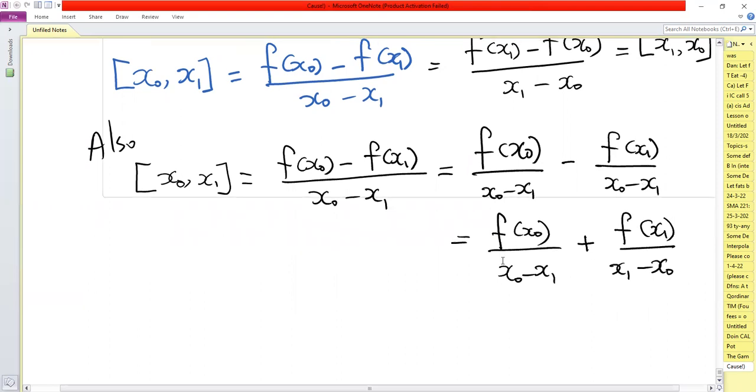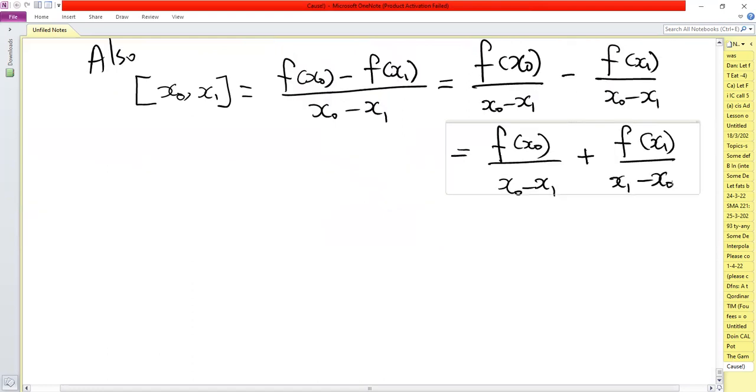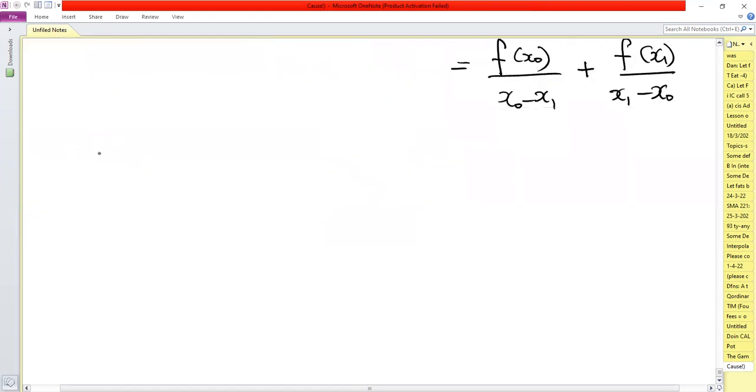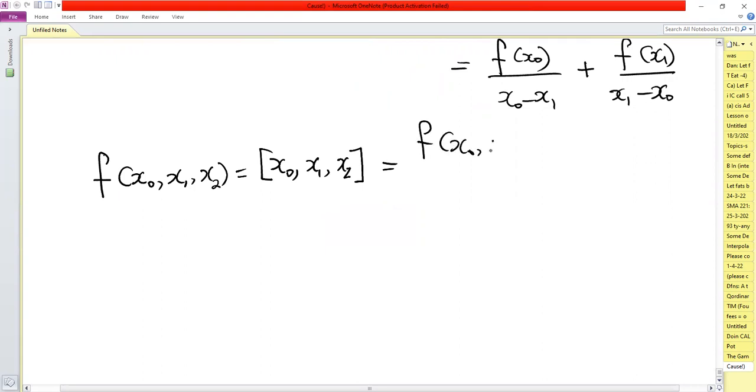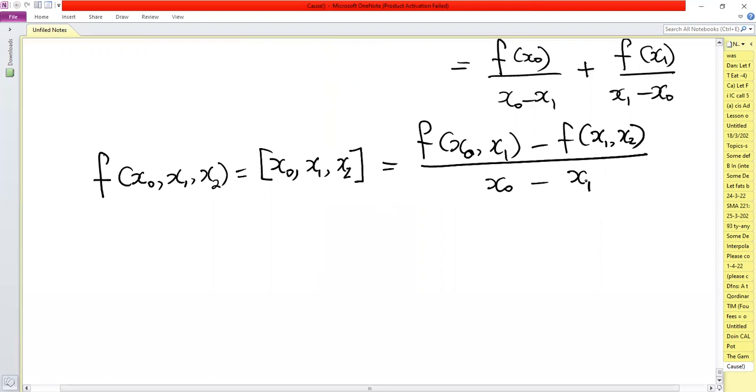Also, we can define the second divided difference of arguments x0, x1, x2. This is given by f of x0, x1 minus f of x1, x2 divided by x0 minus x2.